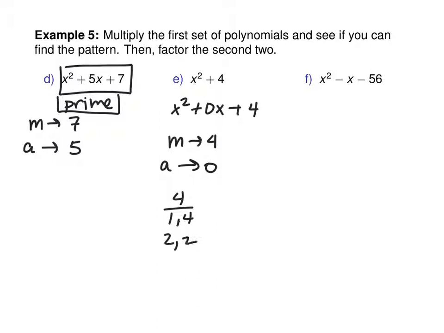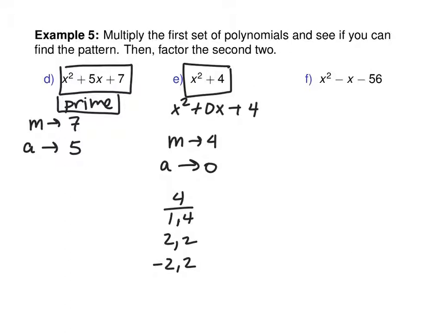It's 2 times 2. Why are negative 2 and positive 2 not even an option? Because they multiply to make negative 4, not positive 4. So are there any numbers that multiply to make 4 and add to 0? No. So that one's also prime. Does that make sense?